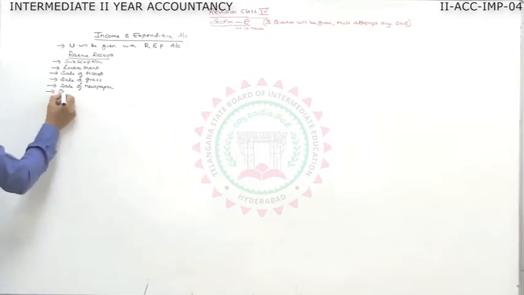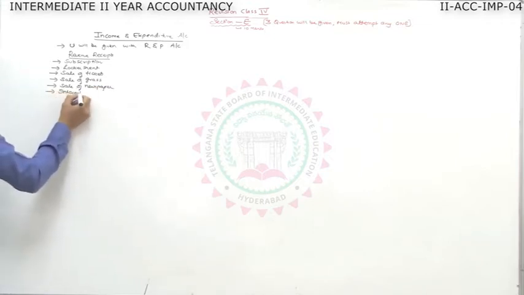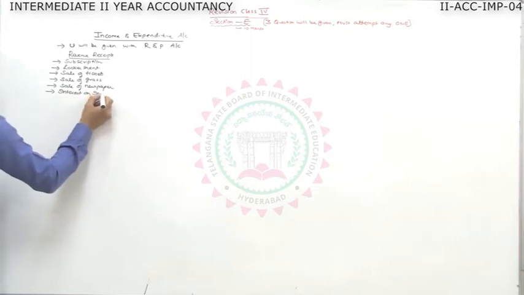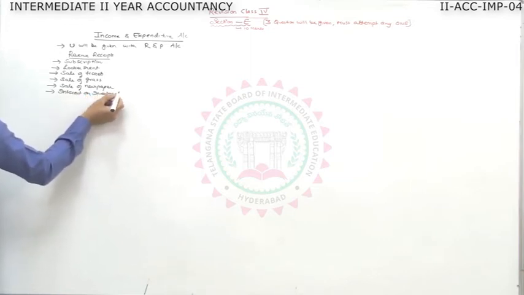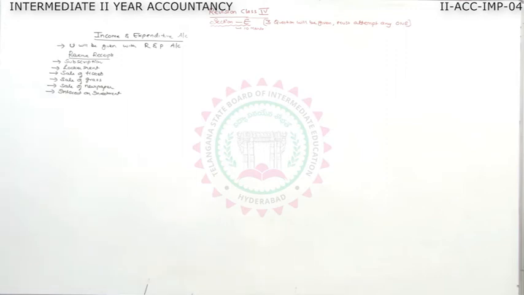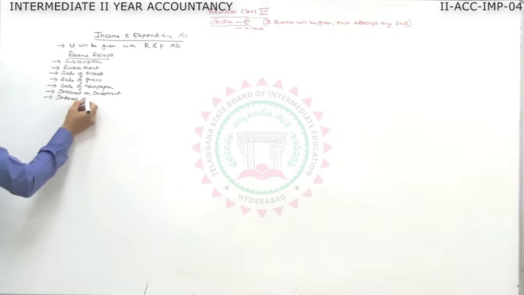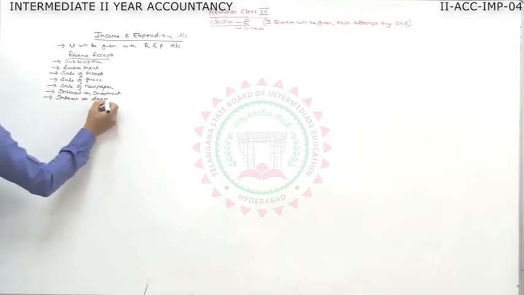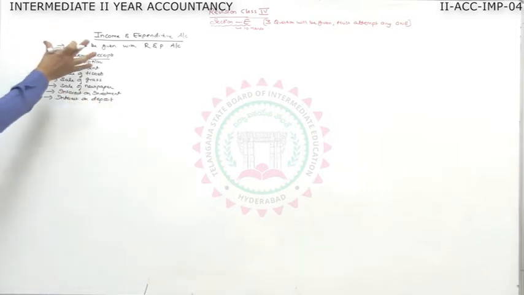Then interest on investment, and any interest which is given on the receipt side, then interest on deposit. These are the frequent revenue receipts.